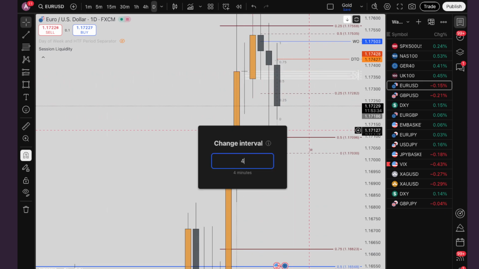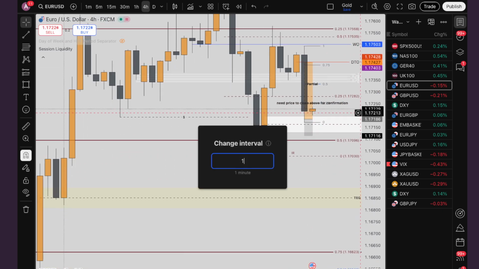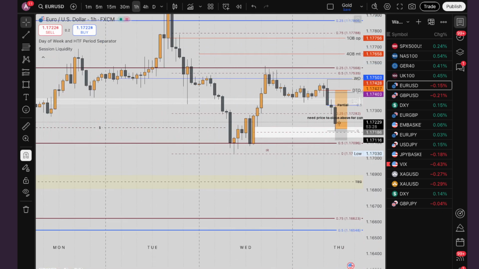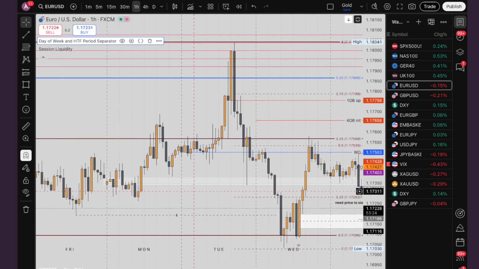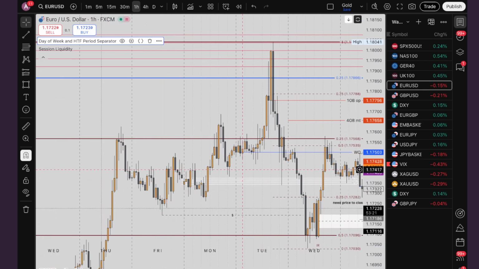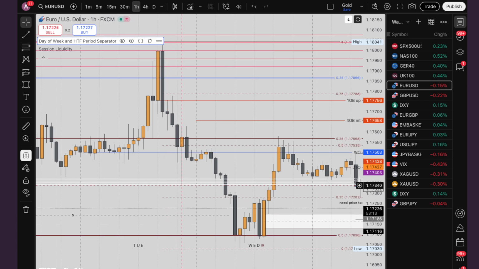But let's then go to 4 hour, 1 hour. You see how price behaves, right? So this was Monday accumulation, Tuesday manipulation, 10 o'clock reversal time, straight shot down to the low of the new week opening gap. Why?